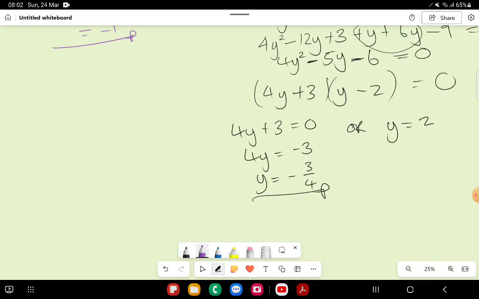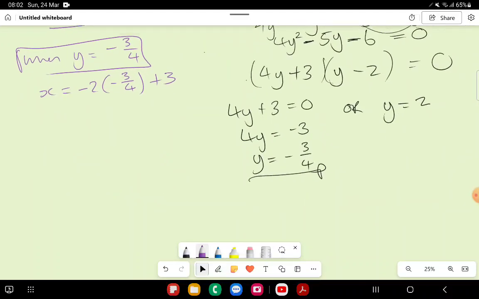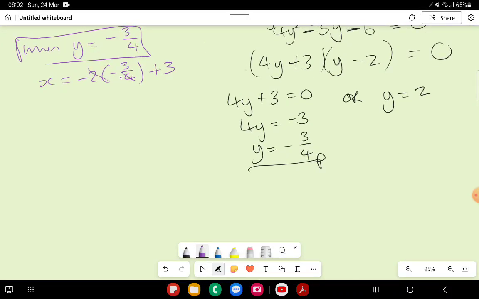My second set of coordinates is going to be when y is equal to negative 3 over 4. So I substitute that, and I'm going to say x is equal to negative 2 times negative 3 over 4 plus 3. So these two cancel out. It becomes 2. I have positive 3 over 2 plus 3, which is 4 over 2. 3 over 2 is 1, and 1 over 2.